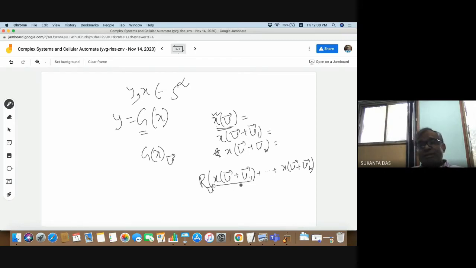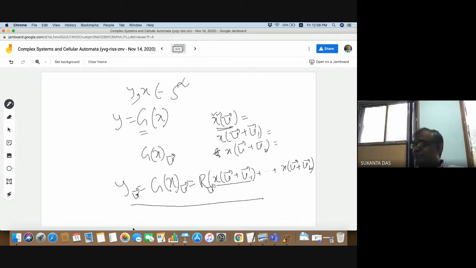And in this way I can get the state of M neighbors of V. Over that I'm applying R. That is equal to this one, right? That is equal to actually G of X at V, right? That is equal to actually Y at V. So this is a relation, right? This is a relation.